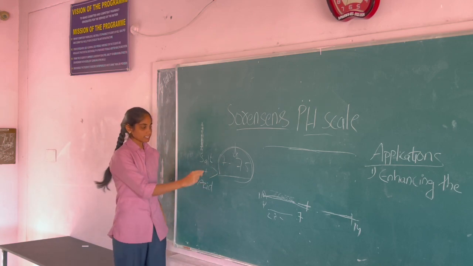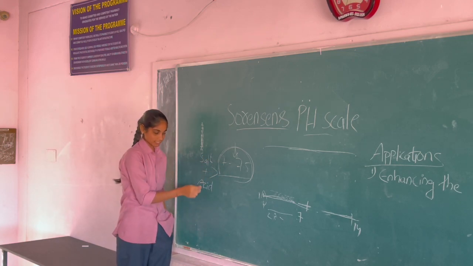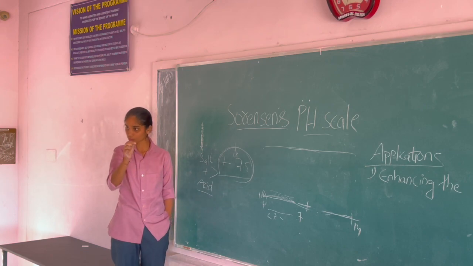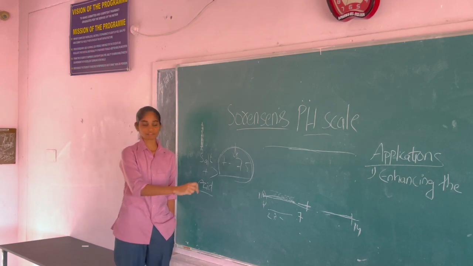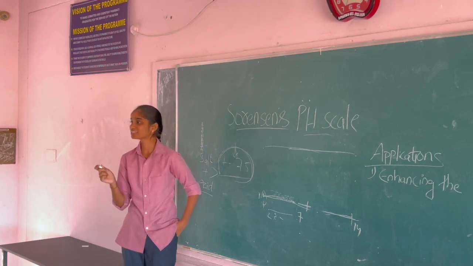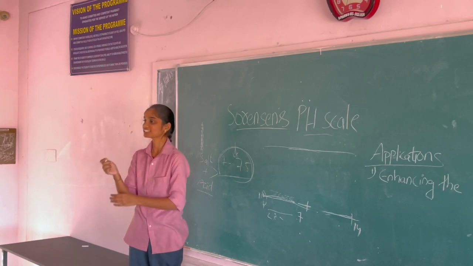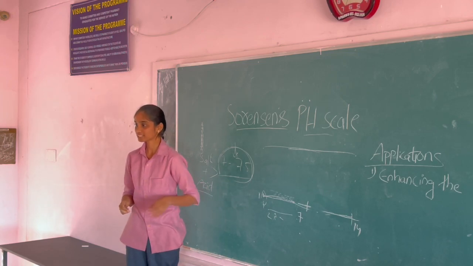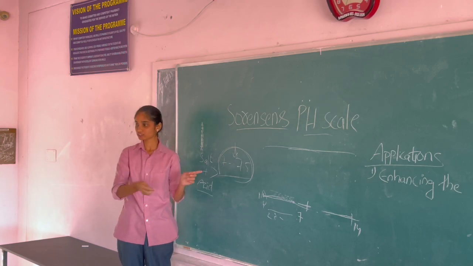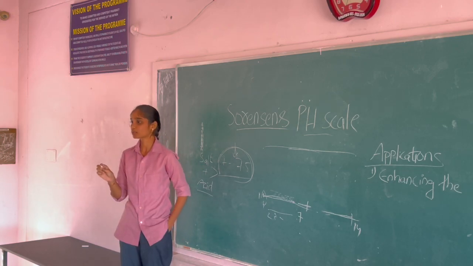When this sodium salicylate reacts with an acid, the sodium ions come out and it forms salicylic acid. This salicylic acid is insoluble in water, meaning the acidic nature of salicylic acid makes it less soluble.